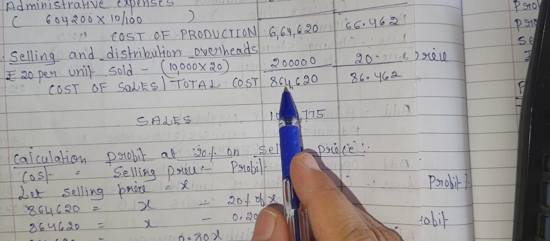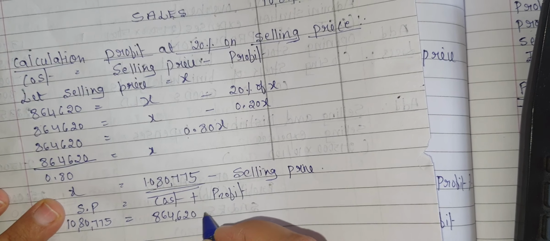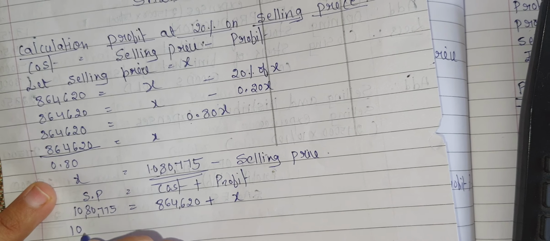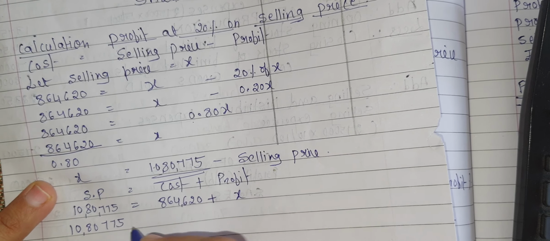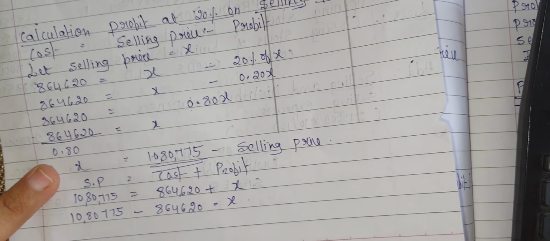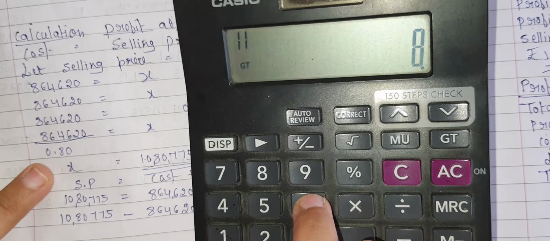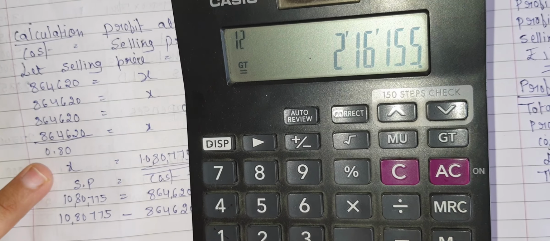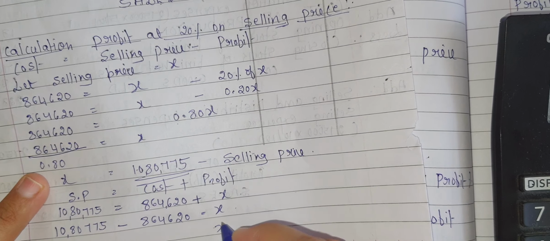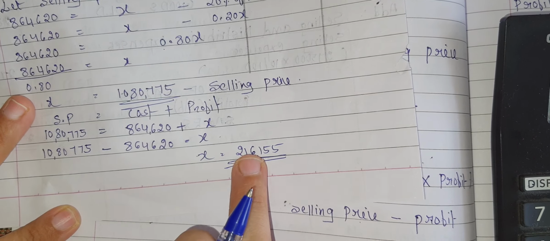Cost is 8,64,620 plus profit, we don't know, so take it as X. So 10,80,775 minus 8,64,620 equals X. 10,80,775 minus 8,64,620 equals 2,16,155. So X equals 2,16,155. That is our profit.